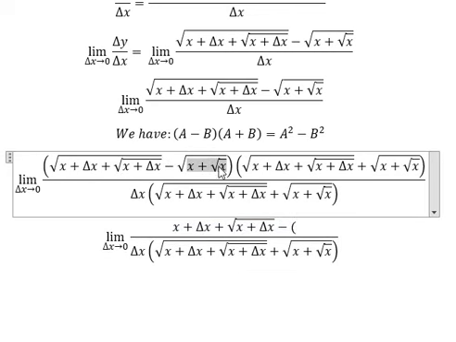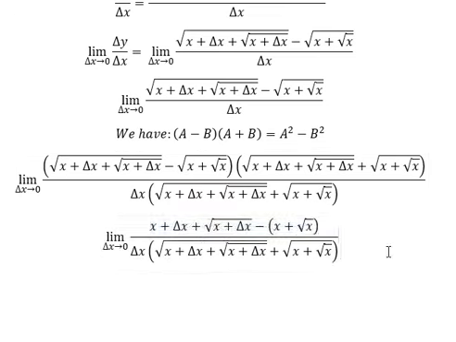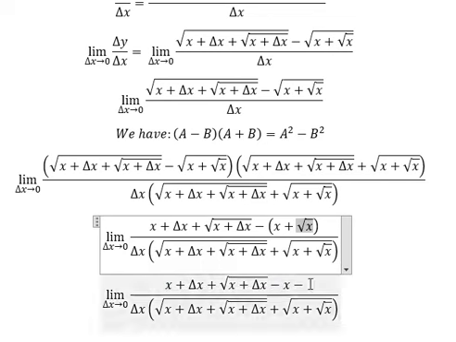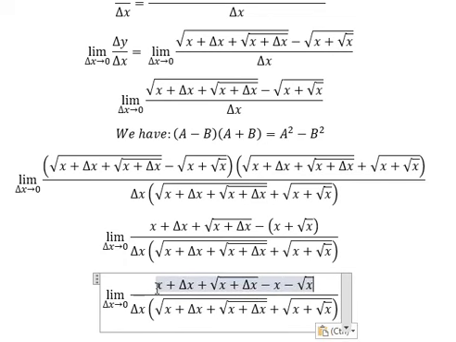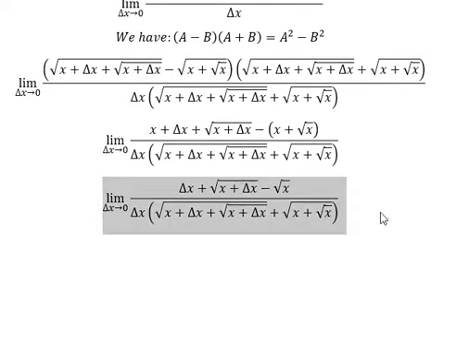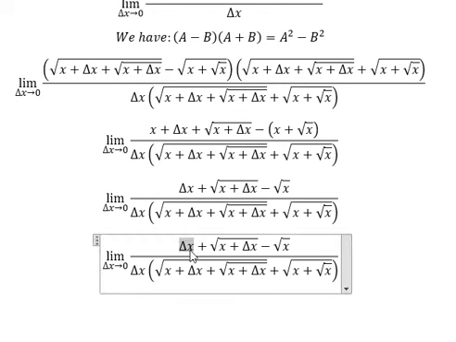After we put the power 2 on the square root, we change the sign of this one. So x minus x we cancel. Now I will put delta x next to negative the square root of x.